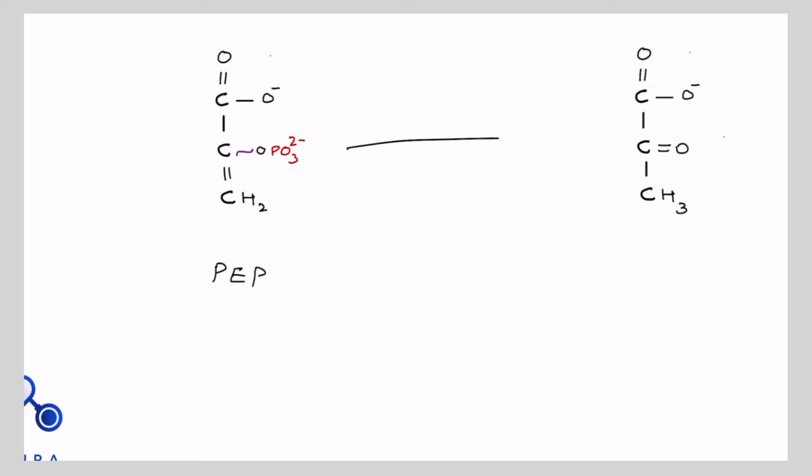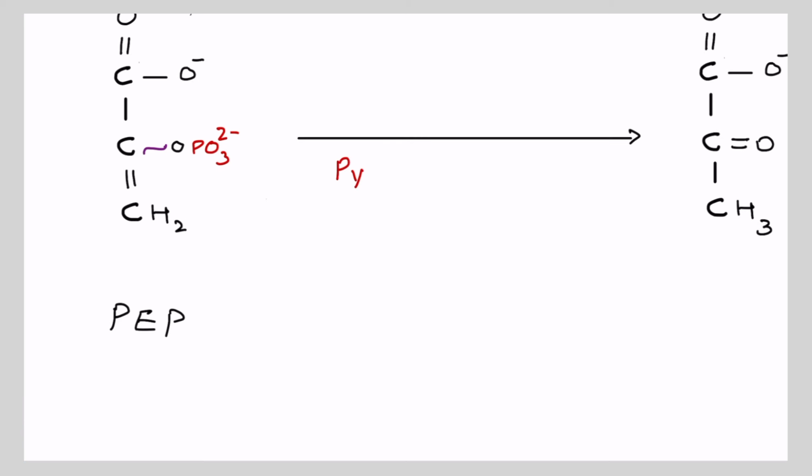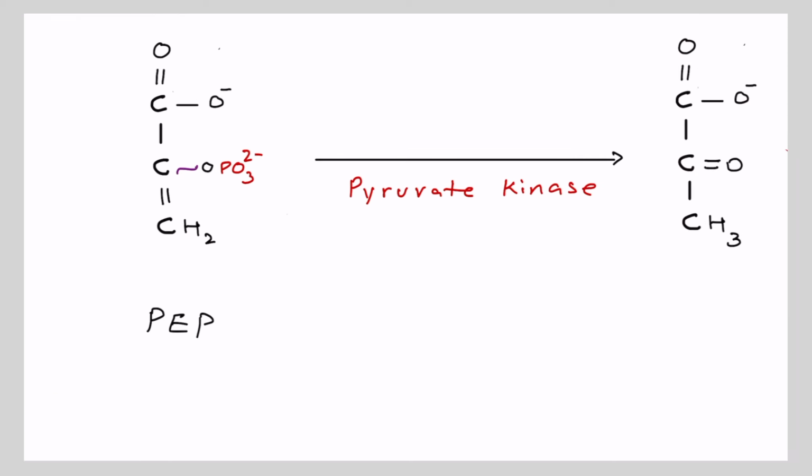So this reaction is happening through the action of pyruvate kinase, and we said that kinases are enzymes that are removing a phosphate group and either from ADP or they're adding it to ADP to form ATP. So what's happening is that the phosphate group here is getting removed and is getting attached to ADP, and our ADP is getting converted to ATP.